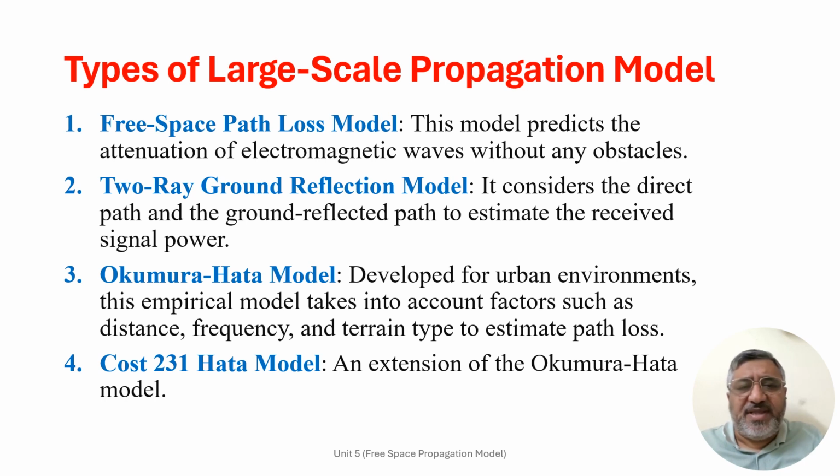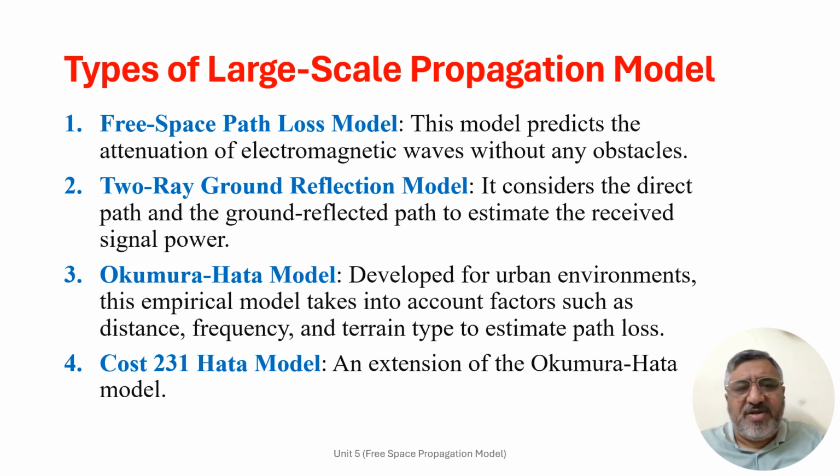And the third one is the Okumura-Hata model. Basically, this model was developed for urban and city areas, and it is an empirical model that takes into account factors such as distance, frequency, and terrain type to estimate the path loss. It is widely used for macrocellular network planning and design.